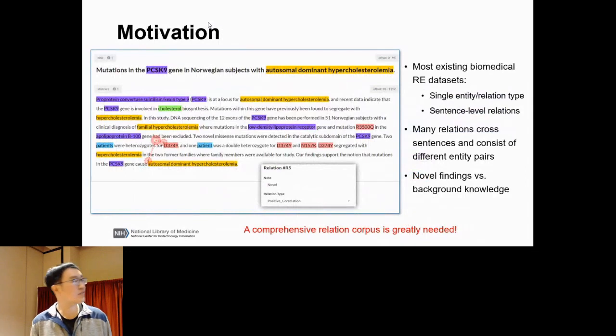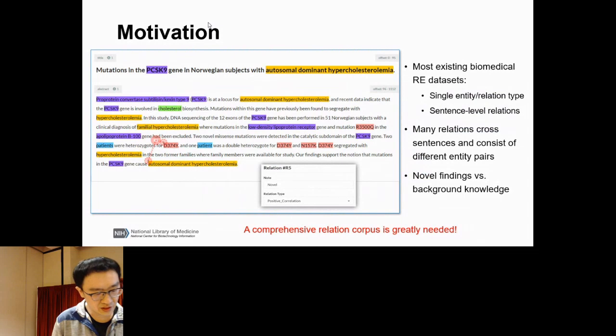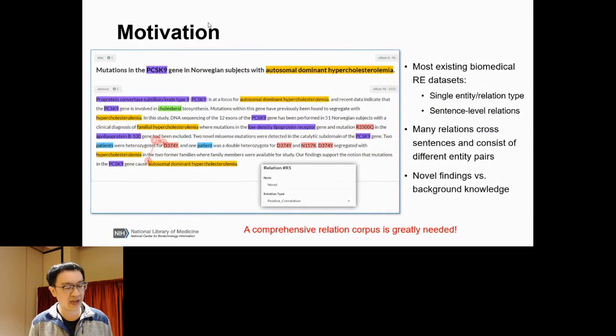To promote the development and evaluation of AI-powered information extraction systems, many significant works on dataset development have been proposed. Most existing biomedical relation extraction datasets only focus on the entities and relations of a single type at the sentence level.